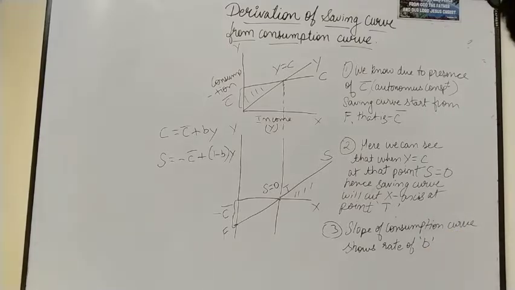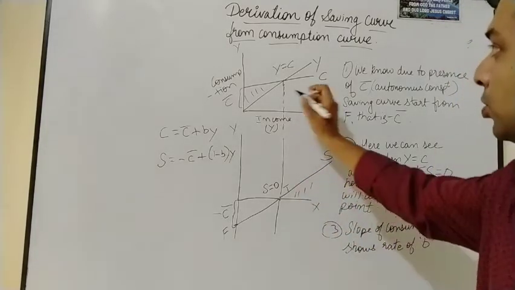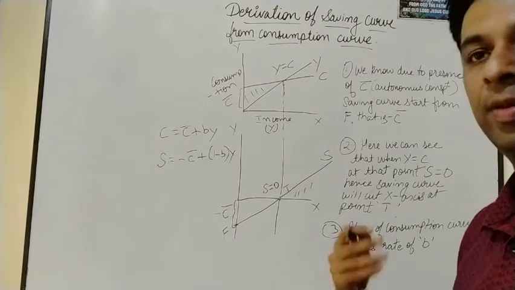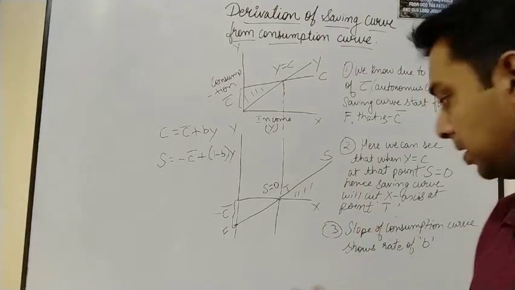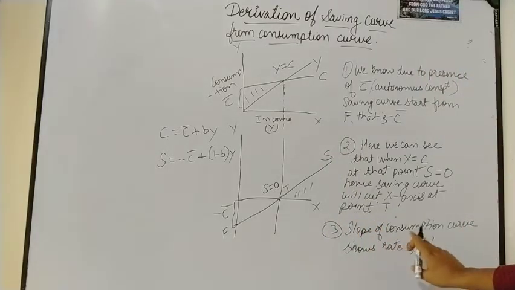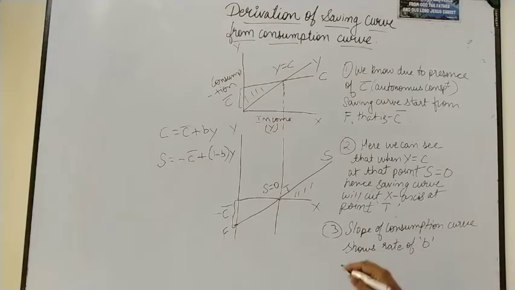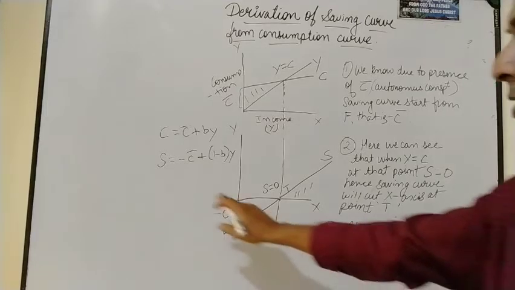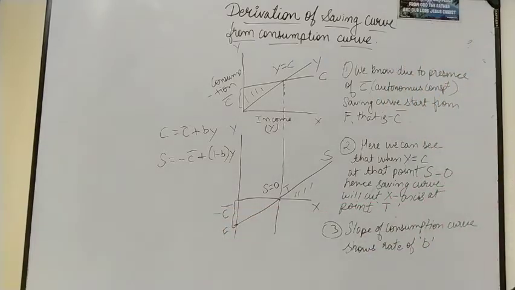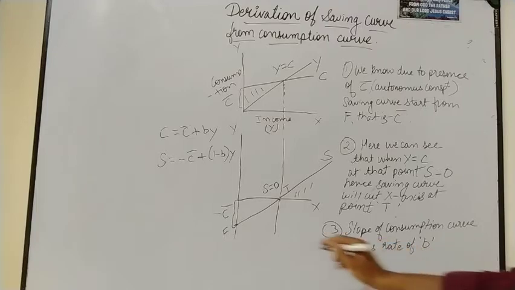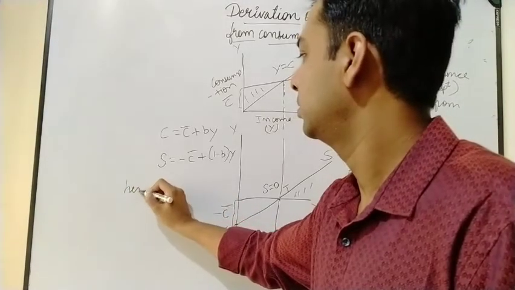What was b? b was MPC. So this shows the rate of b, b is nothing but your MPC. The slope of consumption curve shows the rate of b. Therefore I am writing the concluding part here.